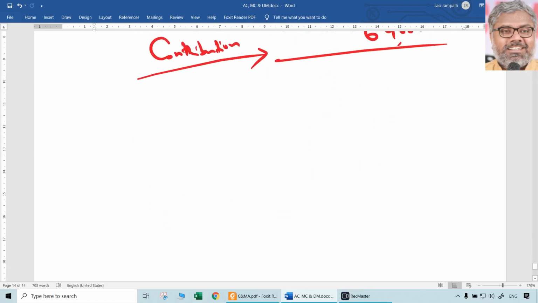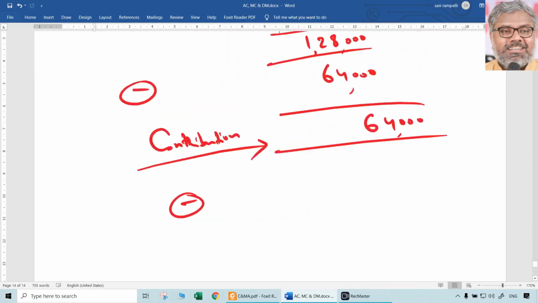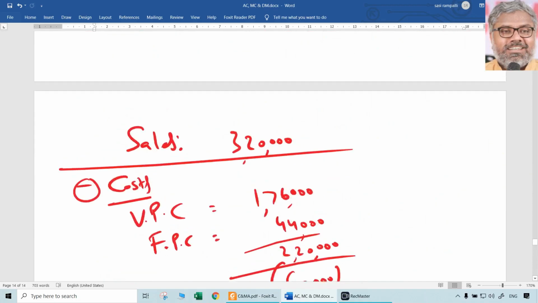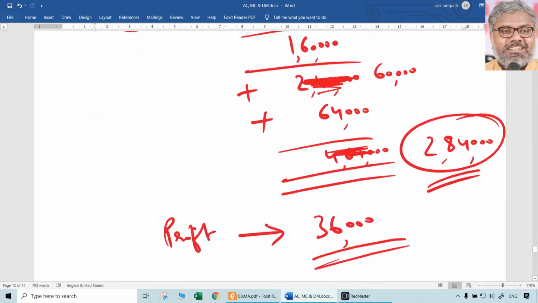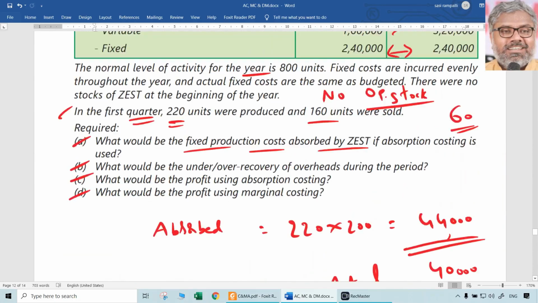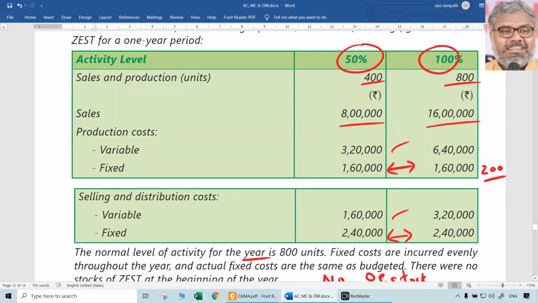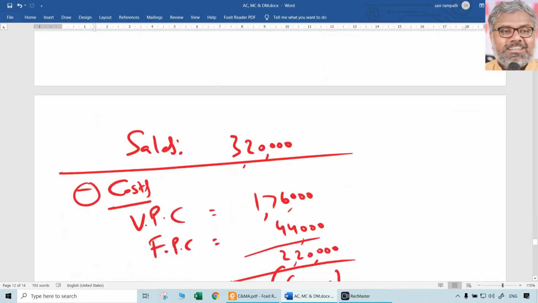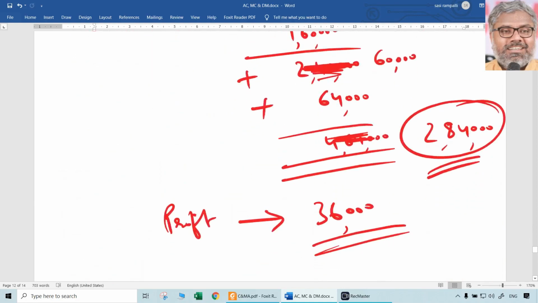Then from that you have to deduct the fixed cost. So what are the fixed costs here? Fixed costs are two: one is fixed manufacturing costs and the second one is fixed selling and distribution costs. Both of them put together 160 plus 320, for the entire year they are 480. For each quarter it will be 1,20,000. So 1,20,000.